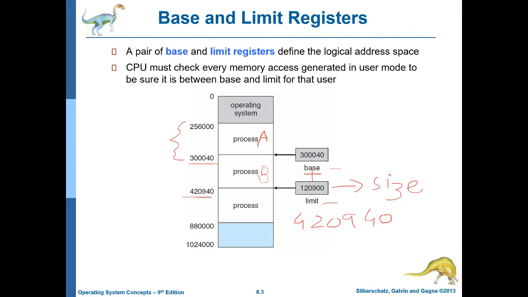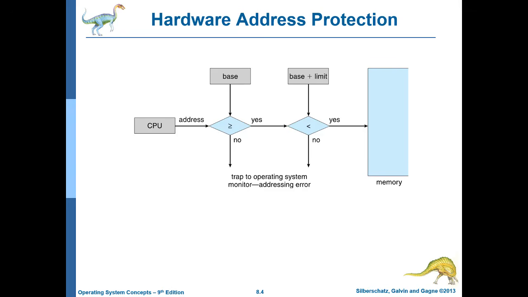Actually, this is done by a hardware address protection unit of the memory, and what happens is that when a CPU generates an address for a process, we are going to verify two things.